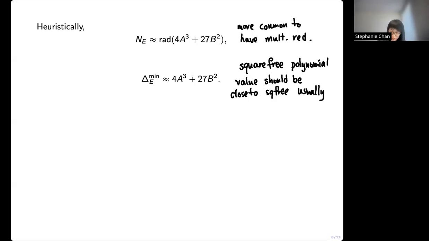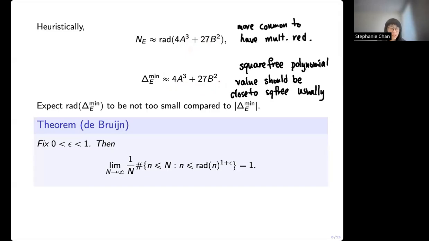So we expect that the radical of the discriminant is not too small compared to the absolute value of the discriminant, because you don't really have very many square factors.